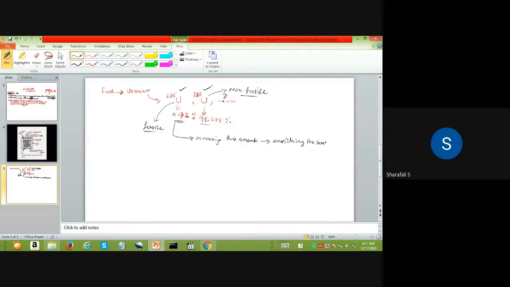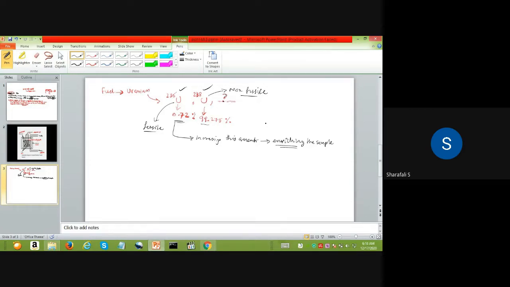So what does enriching mean? Enriching means we do some processes, for example diffusion, where you can distinguish between uranium-238 and uranium-235, and you remove some uranium-238. That can be possible.